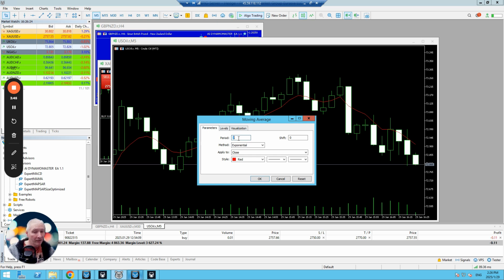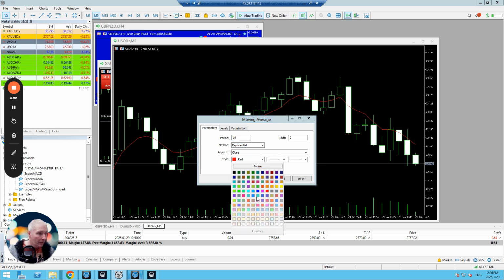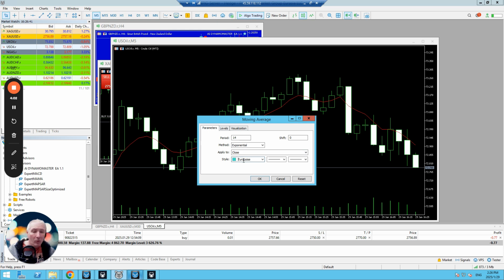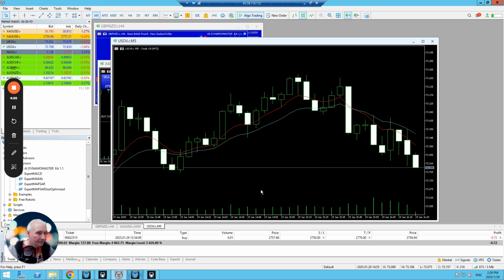You can have as many indicators as you like. Okay, because it's your platform, so you can do what you like with it, right? Okay, so we're going to use 14 on this one. You can see how it's actually remembered as well. And we're going to change this color to a light blue, or turquoise, and hit OK. And you can see now that these are movements in the market.